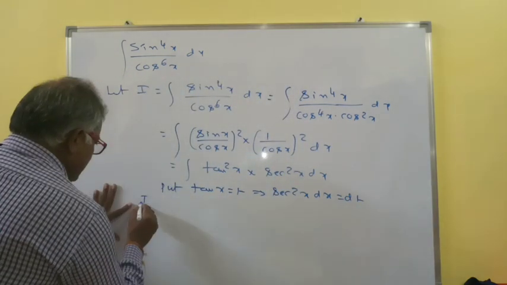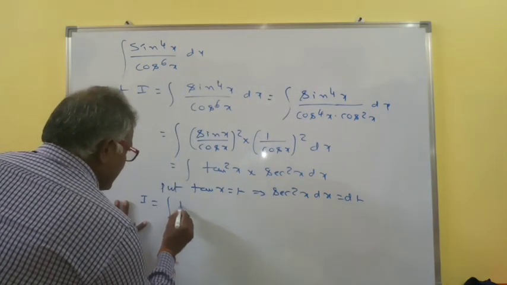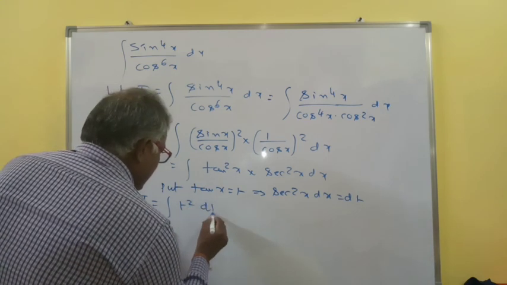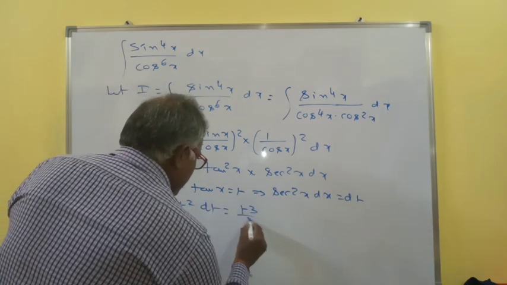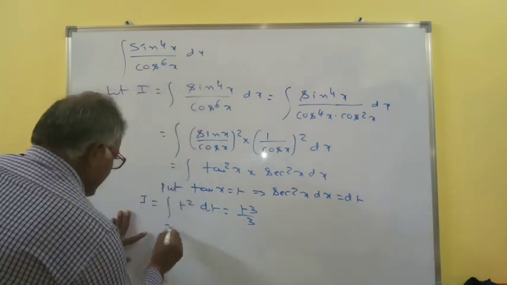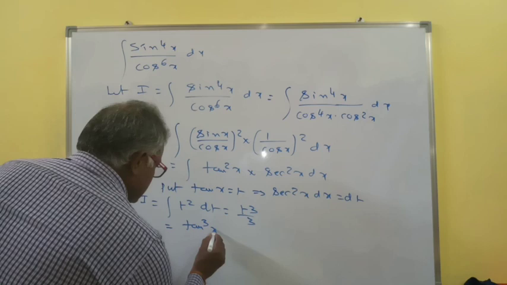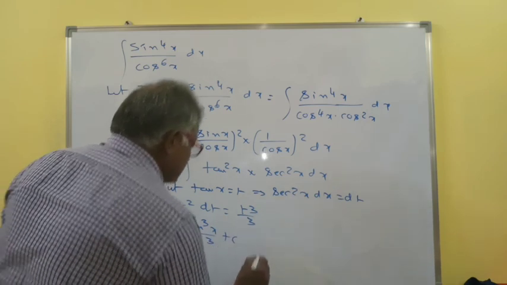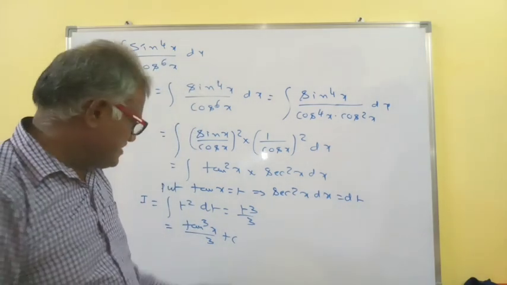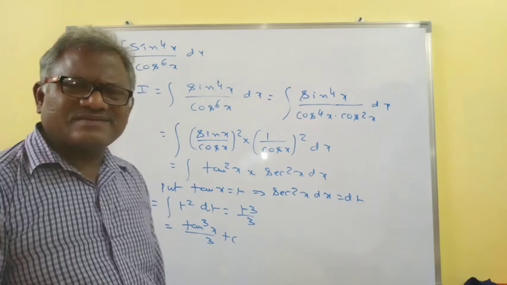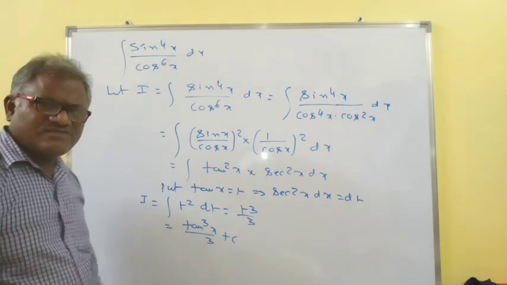So I is equal to integral of t square dt. The integral of t square is t cube by 3. So finally the answer is tan cube x by 3 plus c. This is the solution for this one.